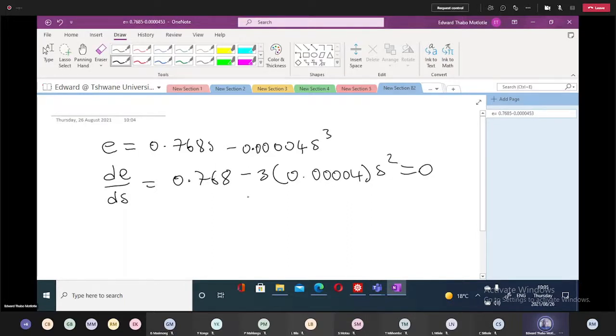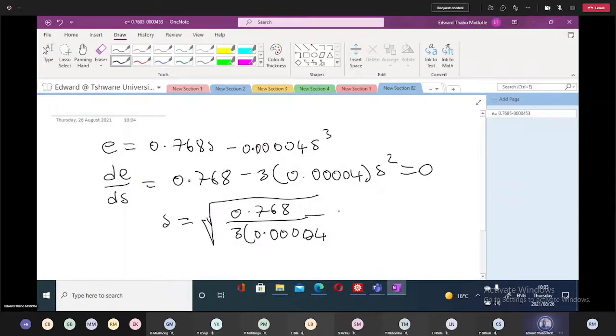We solve for S. So S is equal to the square root of 0.768 over 3 multiplied by 0.0004, and this is equal to plus or minus 80, if you press that in your calculator.